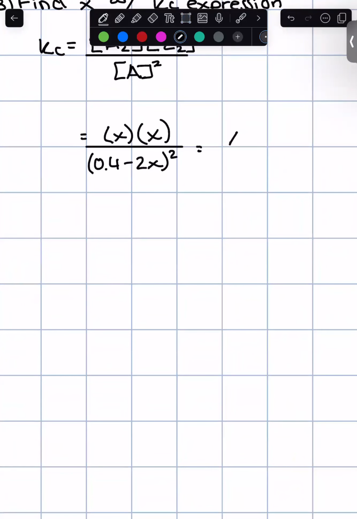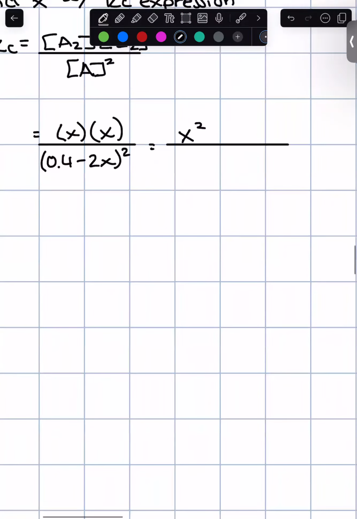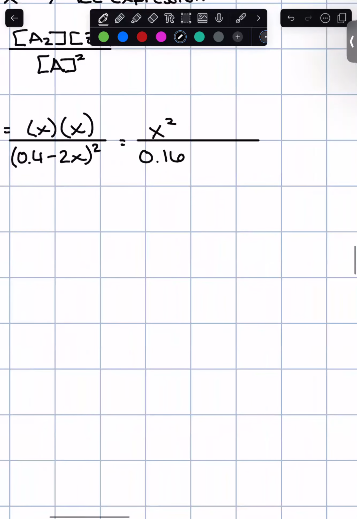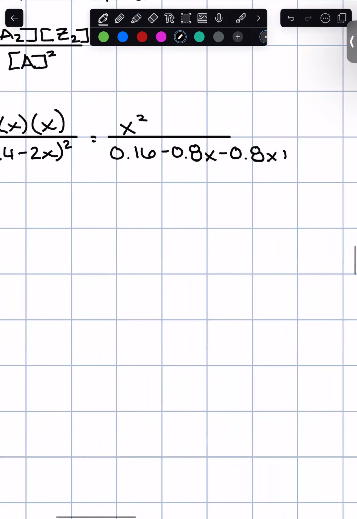This is equal to x squared over 0.16 minus 0.8x minus 0.8x plus 4x squared.